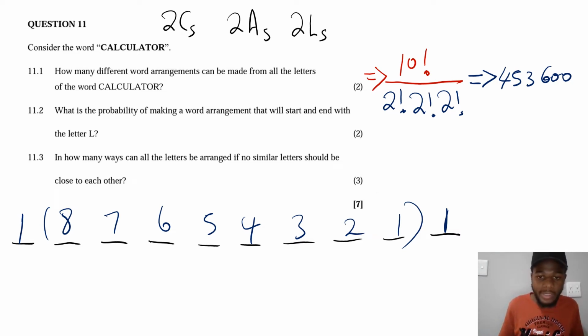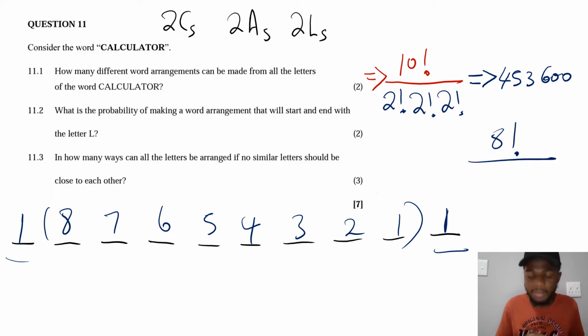Because if you check, we have 8 letters that will be shifting or changing positions, we can simply focus on those 8 letters only and leave these ends for L. So we have 8 factorial divided by the factorials of the repeating letters. We have 2 letters for C, so it will be 2 factorial.